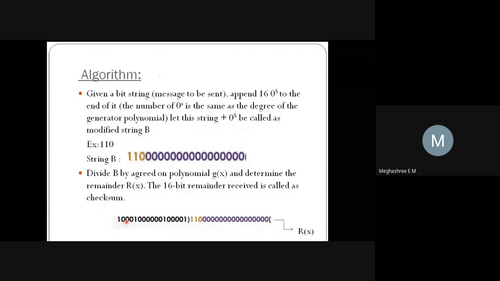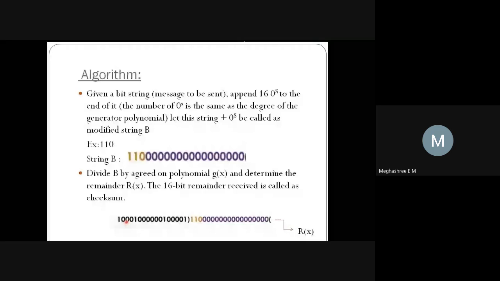That means when I want to send the message from my end to the other end, what is the first step involved while preparing the data? Initially, you have to specify the data, that is the bit string here.